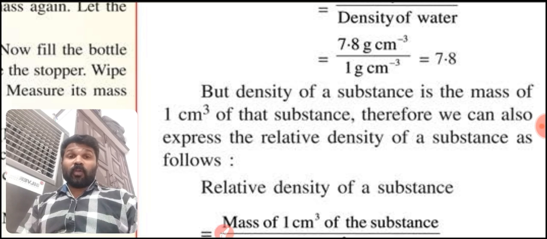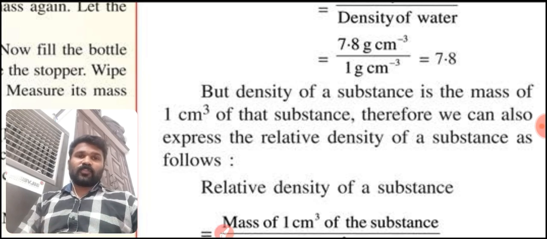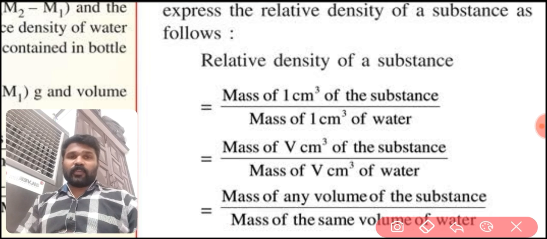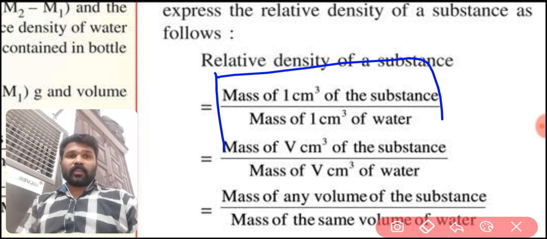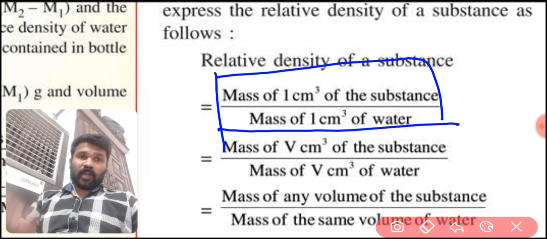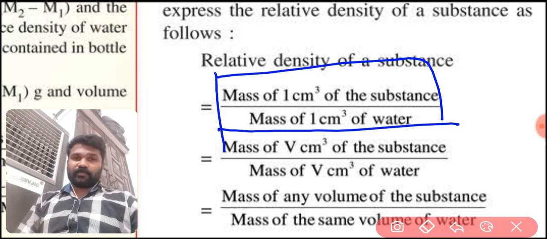But density of a substance is the mass of 1 centimeter cube of that substance. Therefore, we can also express the relative density of a substance as follows. Relative density of a substance is equal to mass of 1 centimeter cube of the substance divided by mass of 1 centimeter cube of water.